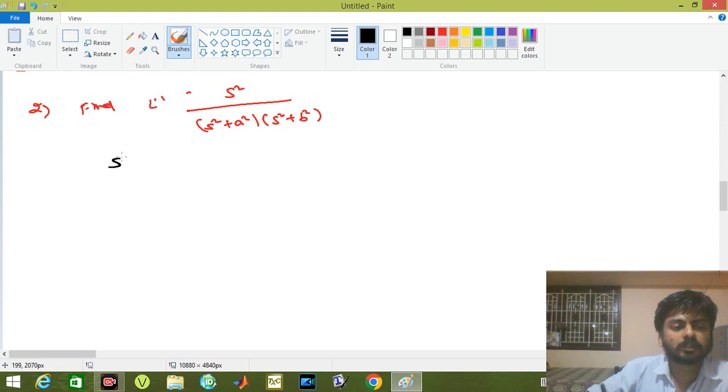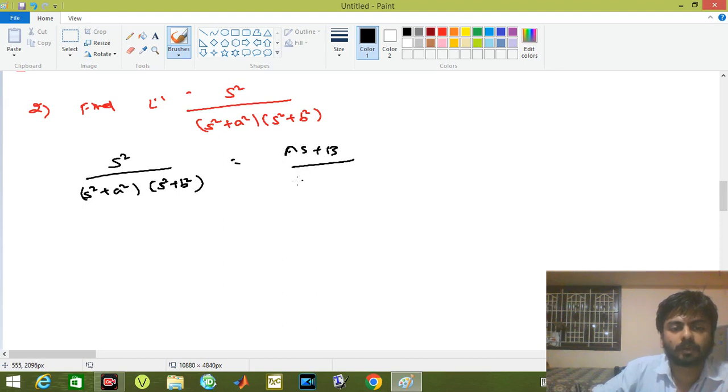Here consider s square divided by (s square plus a square) into (s square plus b square) equal to (as plus b) divided by (s square plus a square) plus (cs plus d) divided by (s square plus b square).